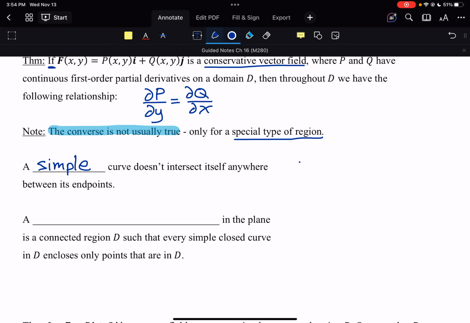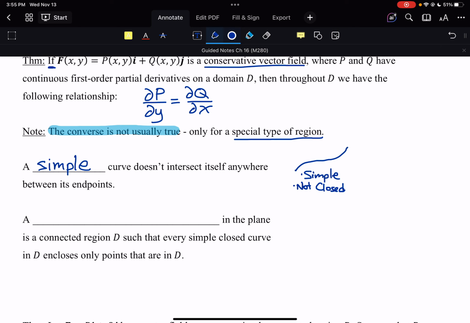So if we have a curve that looks like this, something just nice and straightforward, this curve is simple because it does not intersect itself anywhere between the endpoints. But this curve is not closed, because its starting point and its ending point are different.